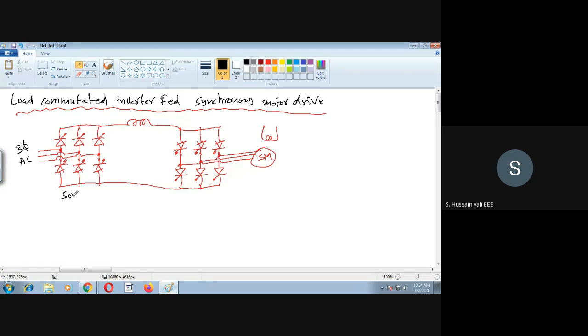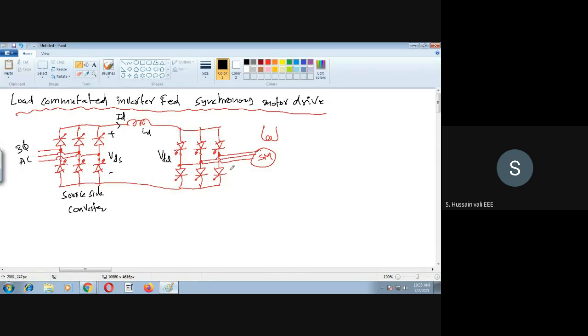You call this the source side converter. It converts AC to DC. Now assume that the voltage here is VDS, source side converter, and this inductor, you know very well what is the purpose of this inductor. We maintain this current almost constant, so ID current, whereas this voltage is VDL.